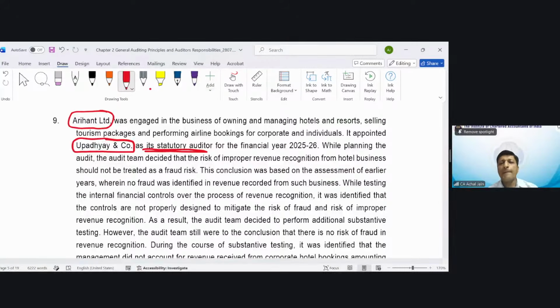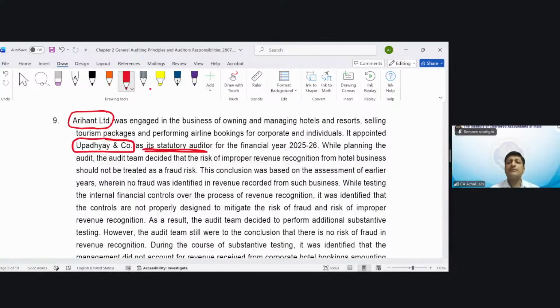Okay. This conclusion was based on the assessment of earlier years, wherein no fraud was identified in the revenue. So it seems to be a continuing audit. While testing the internal financial controls over the process of revenue recognition, it was identified that controls are not properly designed to mitigate the risk of fraud and risk of improper revenue recognition.